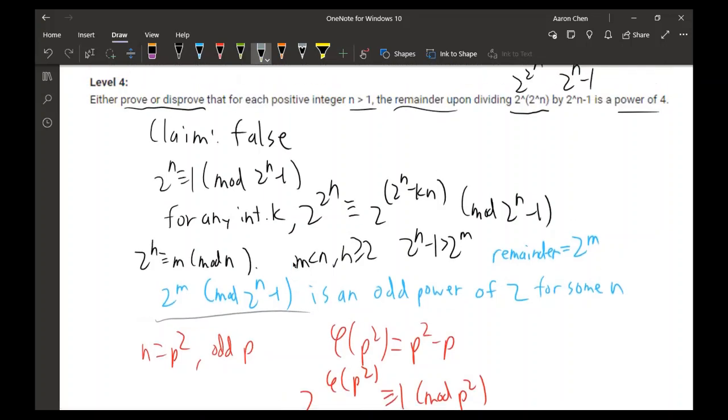That would imply that this is not a power of 4, just because it's impossible for an odd power of 2 to be a power of 4, because the powers of 4 are the even powers of 2.